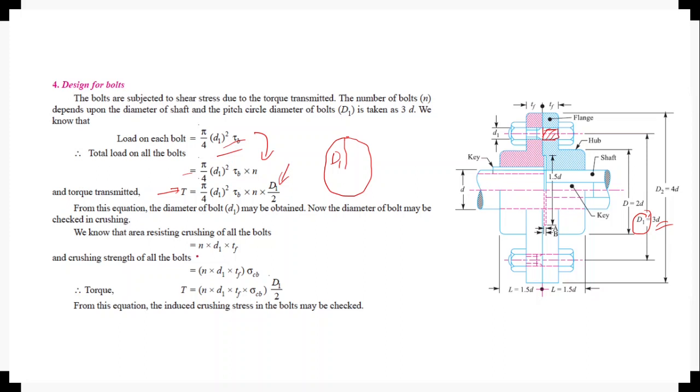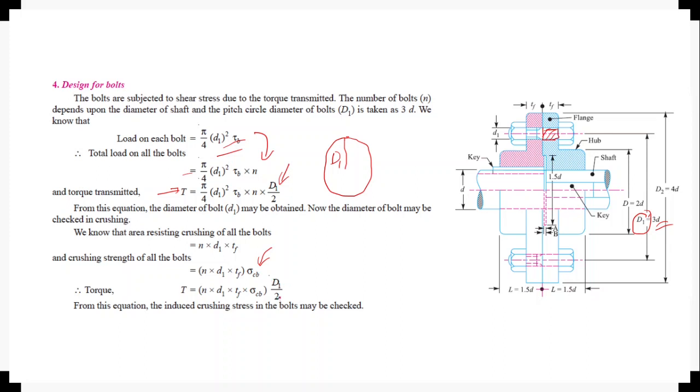Then n into d1 into tf will become the total area resisting crushing of all the bolts, and that into allowable crushing stress for bolts is equal to the crushing force.